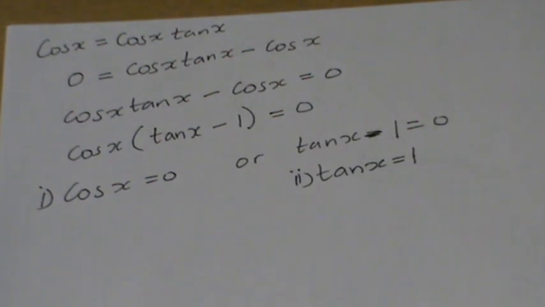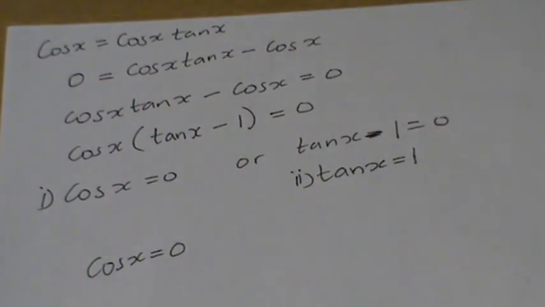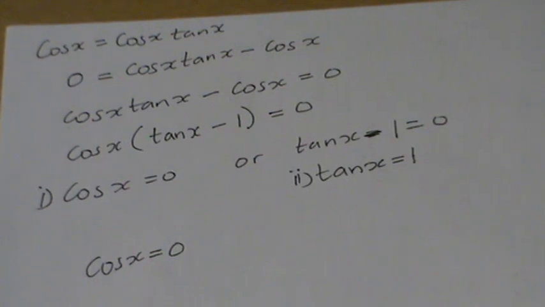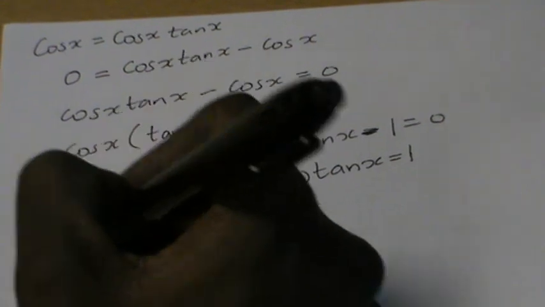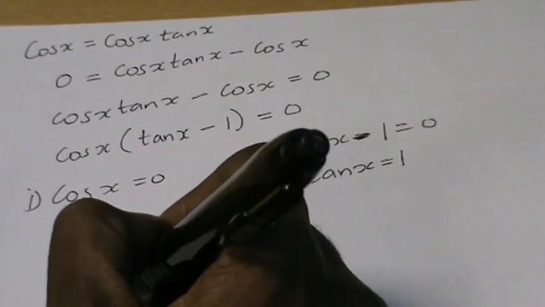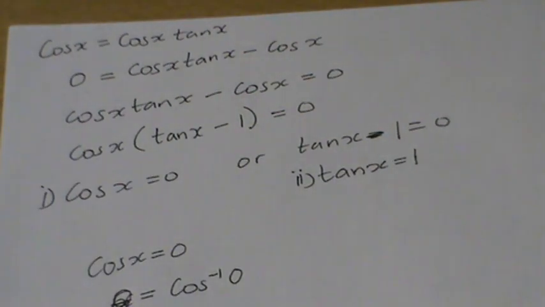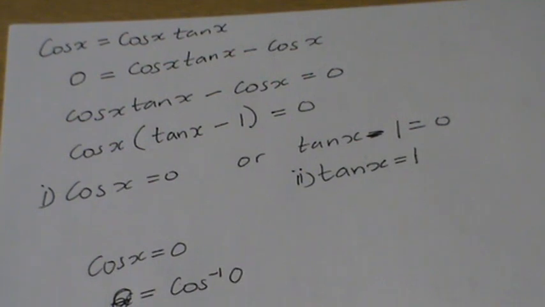So here I have cos x is equal to 0. Then I find my reference angle, and 0 is unique, but we can still do it with our reference angle. So I say theta is equal to cos inverse of 0.